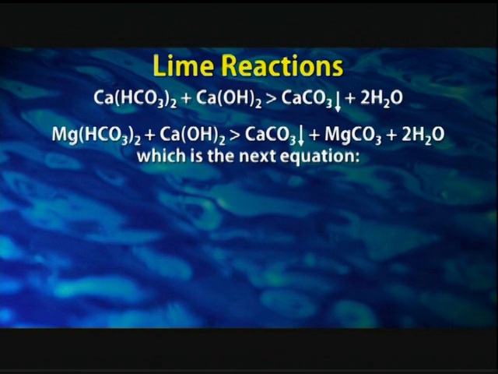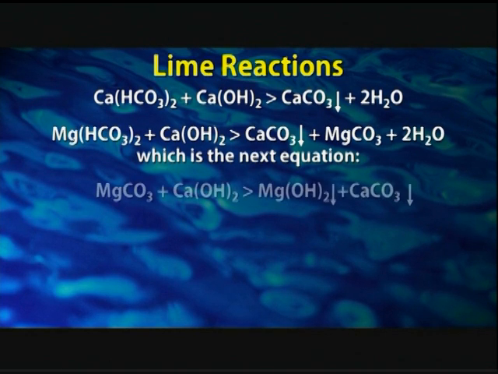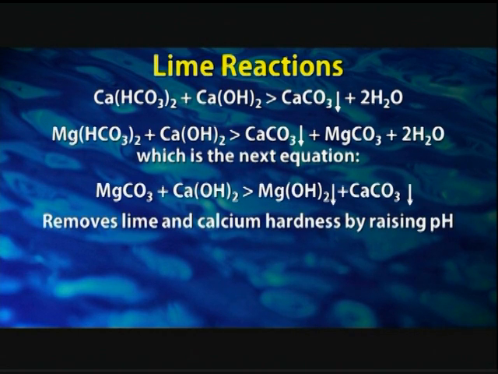Magnesium carbonate doesn't settle immediately, so we need to add more lime. That's the next equation. We take magnesium carbonate, we add calcium hydroxide, lime, to it, and we get magnesium hydroxide that settles and calcium carbonate that settles. What this is telling you is that we're removing both constituents, the calcium carbonate and the magnesium hydroxide, by raising the pH.